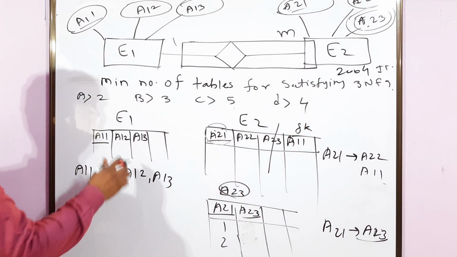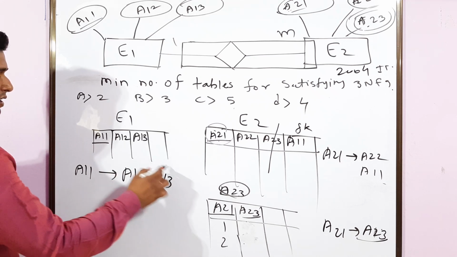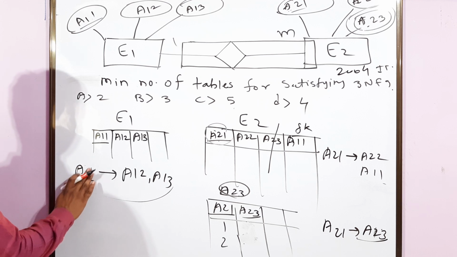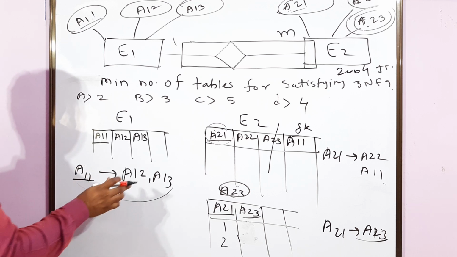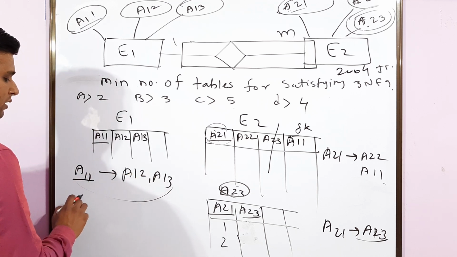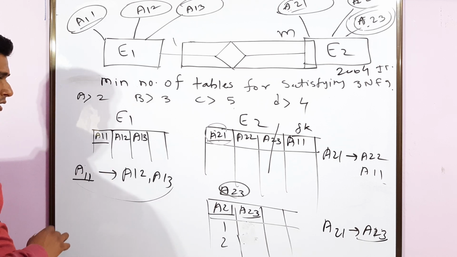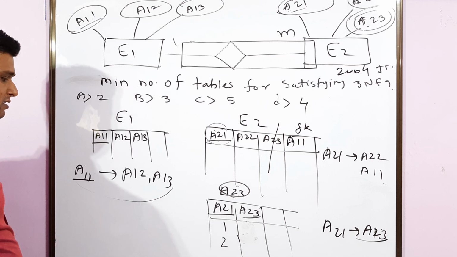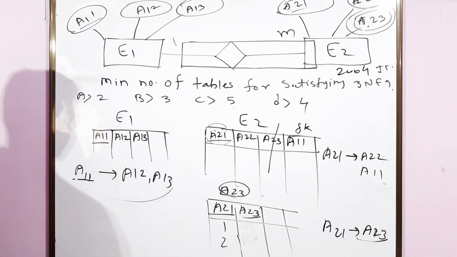We don't find any other functional dependency in these tables. The key determines all the attributes, so it is in 1NF, with atomic values. It is in 2NF because there is no partial dependency, since part of a key is not determining anything.